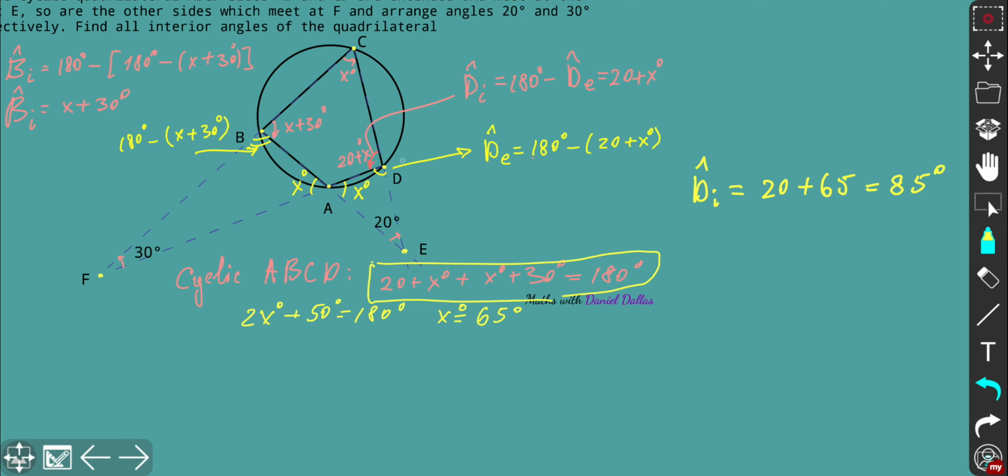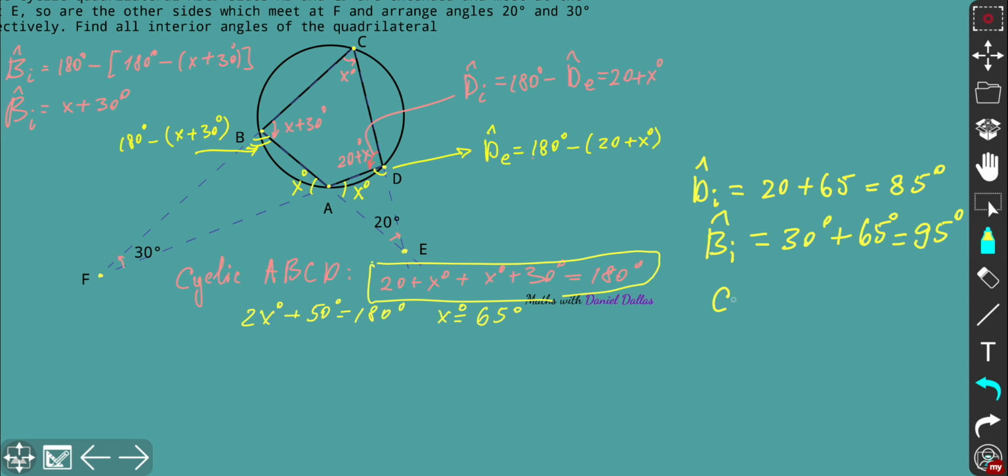That's the first angle. Angle B, that's also interior, X plus 30, so it's 30 plus 65, from where we get 95 degrees.